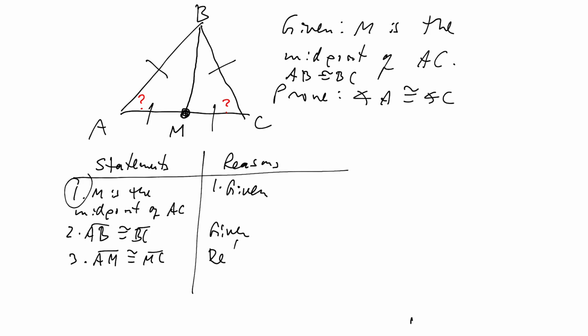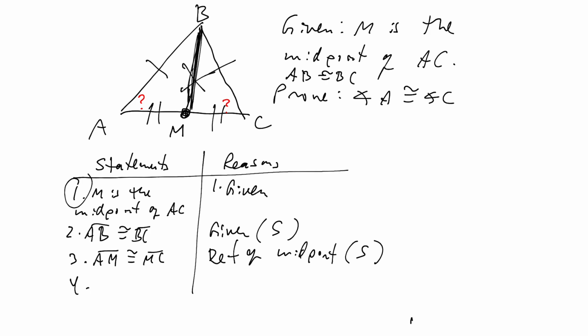That's definition of midpoint. And side was given, another side was given. And in a picture like this, common to have this shared side reflexive. So MB is congruent to MB, reflexive.